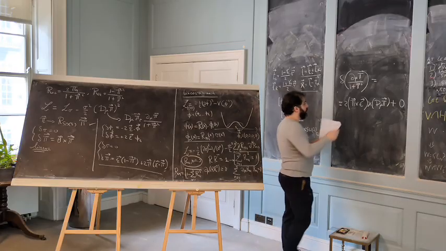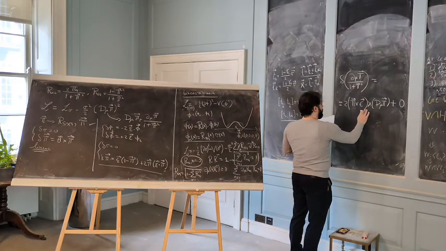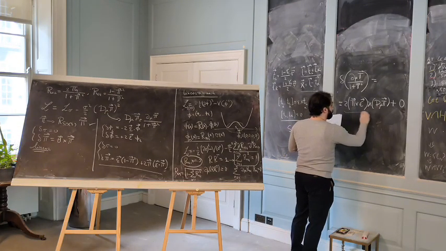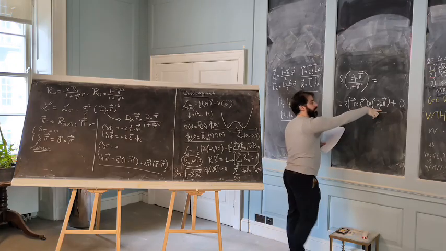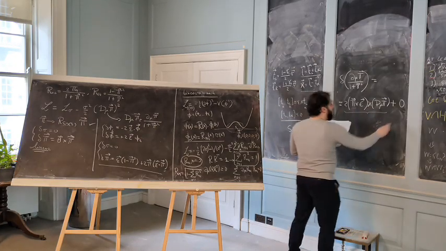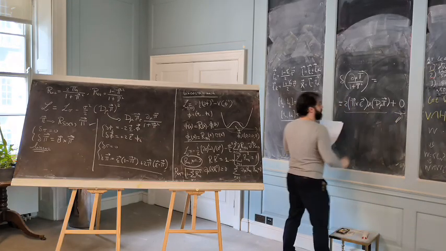Now, look at what happens here. This object is orthogonal to d mu pi, right? And this object here turns out to be parallel.